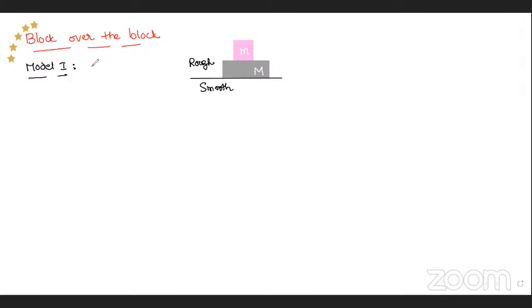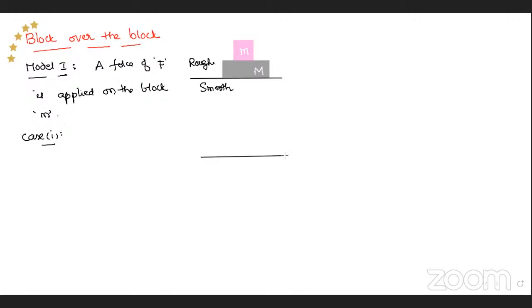First model, what is he doing? A force of F is applied on the block small m. Once again, I am drawing the diagram here.